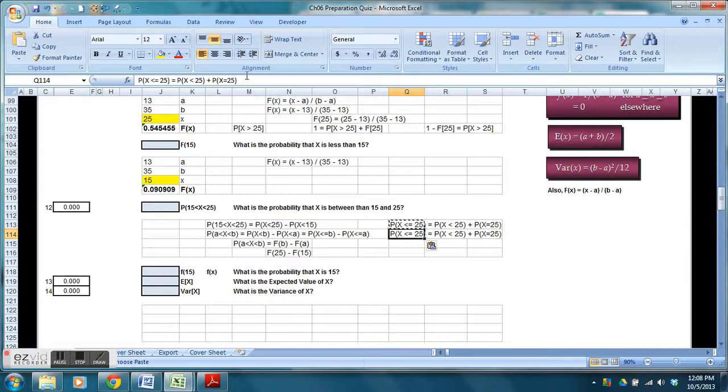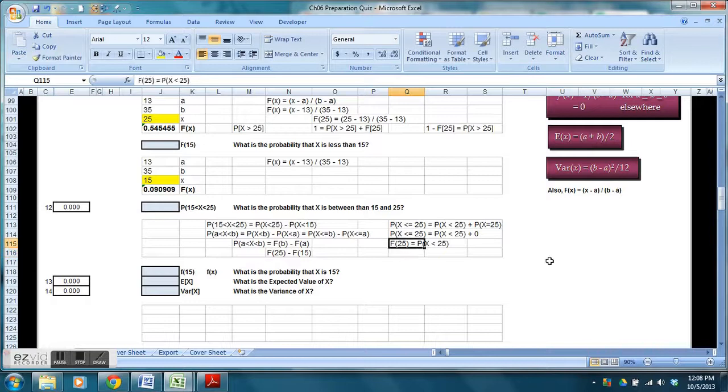We'll put it down here for demonstration purposes. And so, we can see that this left-hand side represents F of 25, and that's equal to the probability that x is less than 25, as well as less than or equal to 25.